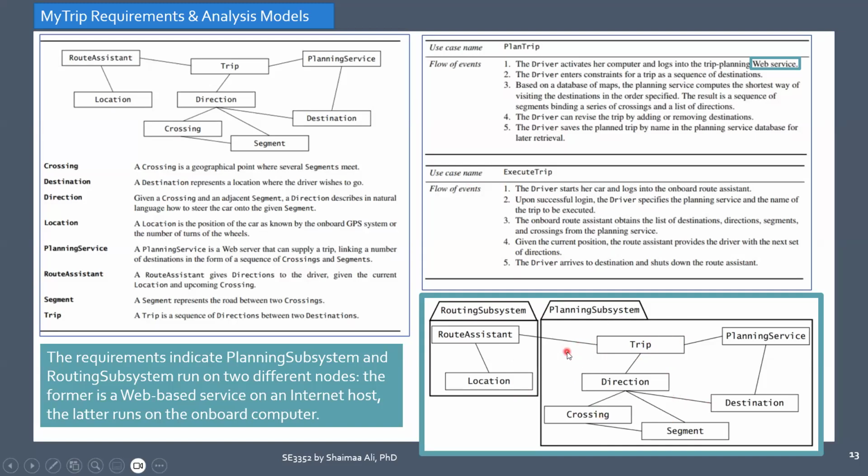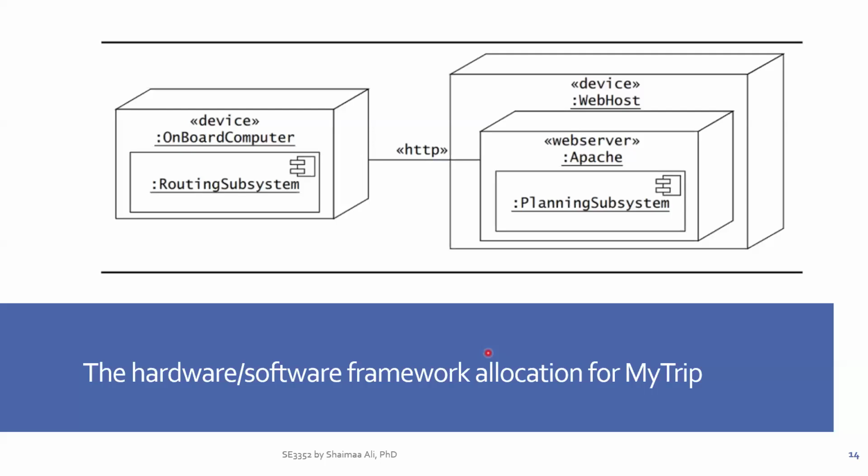Now the question is, how is the routing subsystem going to access objects of these types if it's going to be running on a different machine? So we realized that there's something missing here. Some sort of communication needs to be handled between those components so that the common objects would be communicated.